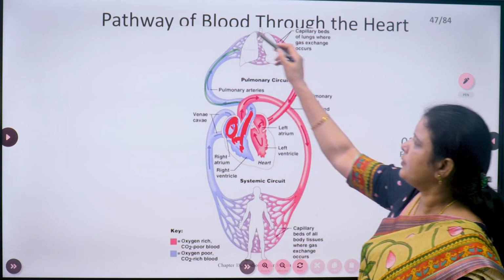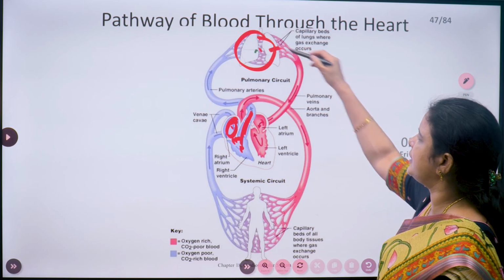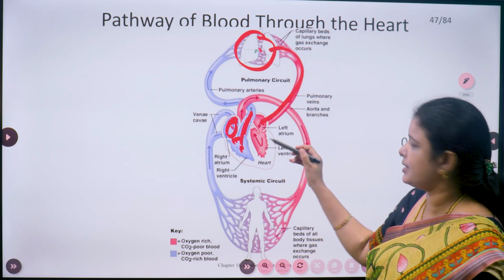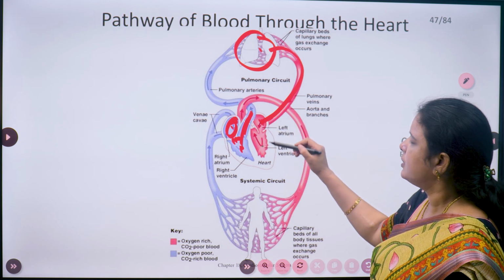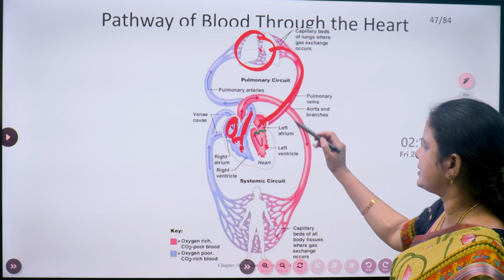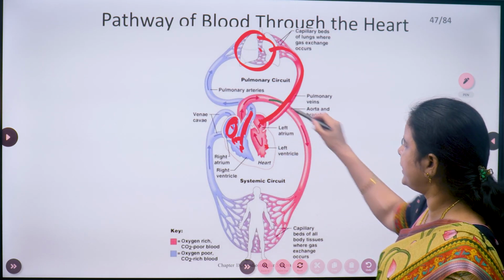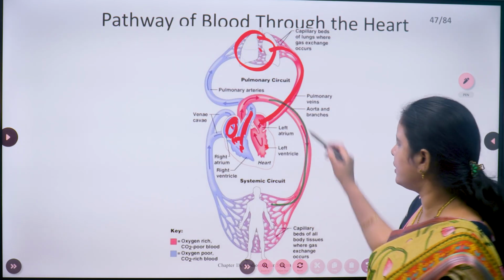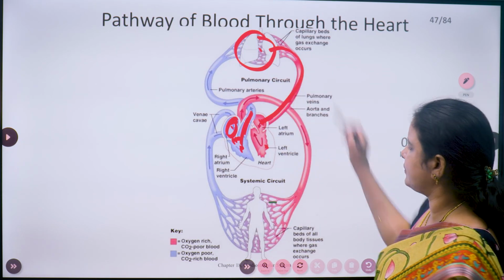Within the lungs, exchange of gases will take place and the blood will come back to the left atrium. From the left atrium, oxygenated blood will enter into the left ventricle by bicuspid valve or the mitral valve. From here, through aorta, it will supply to the parts of the body, or pump to the systemic circulation. So this is the pathway of the blood.